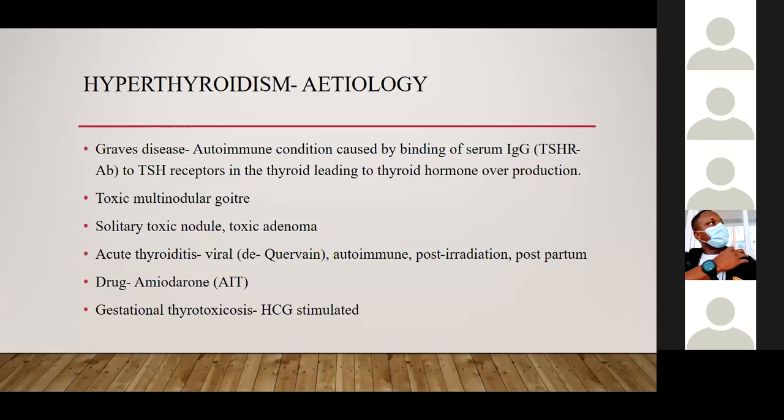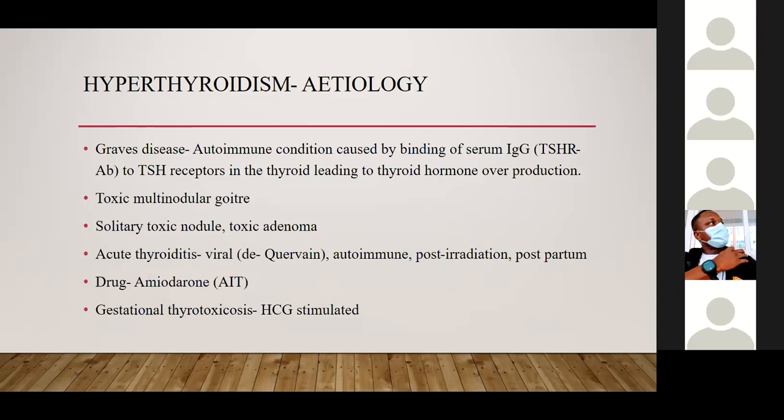It mimics TSH, so the autoantibody binds to these TSH receptors and causes them to make more T3 and T4, basically. That's Graves' disease.